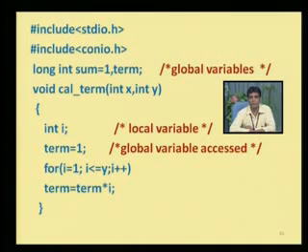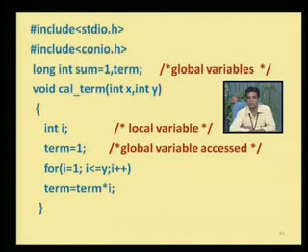It is a program to print a particular series, so we have to use a loop. In the call_term function we use the definition of the function: int i, term equals 1. For i we define the for loop, initializing i equals 1, i less than or equal to y, i plus plus, which is the increment section.